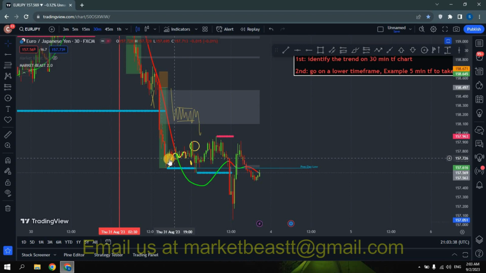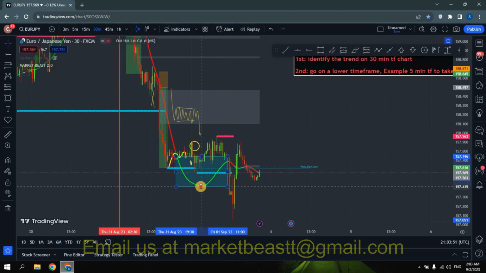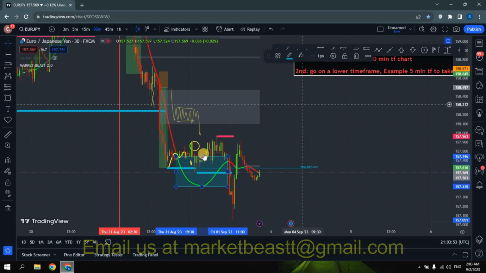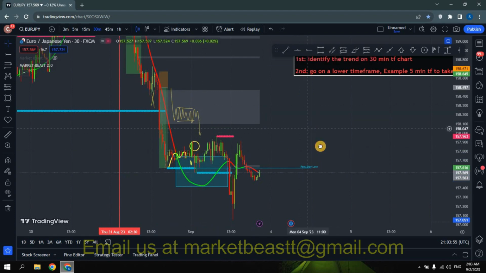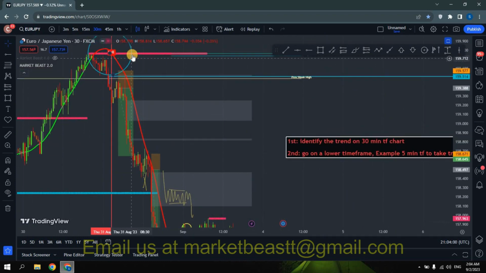The bulls are coming. So here from this to this down, let me mark it. From this to this zone, we are bullish in a downtrend. So we are going to ignore these areas as well, where we check the trend on 30 minutes.